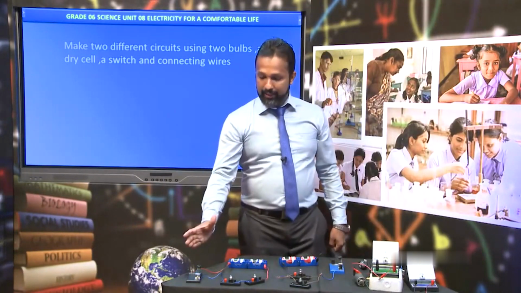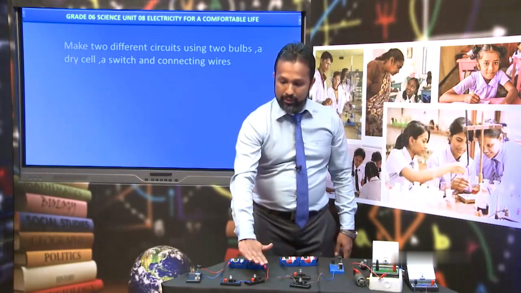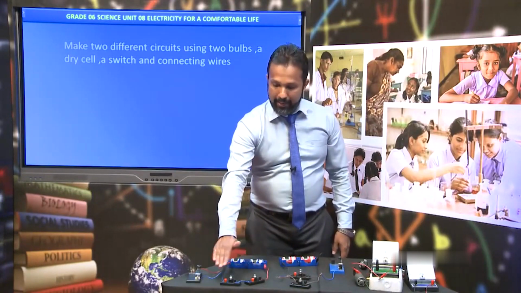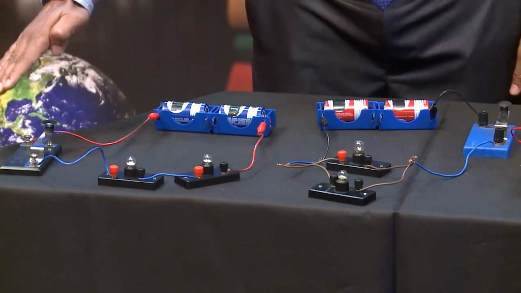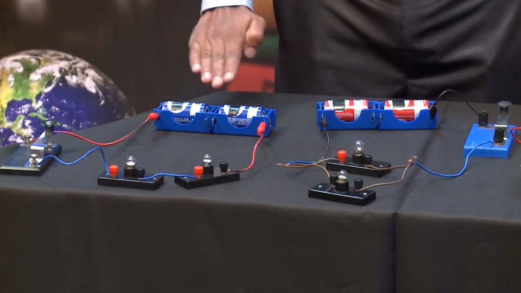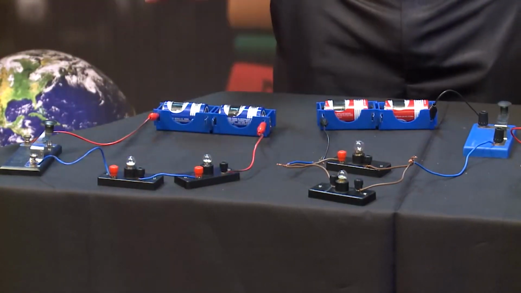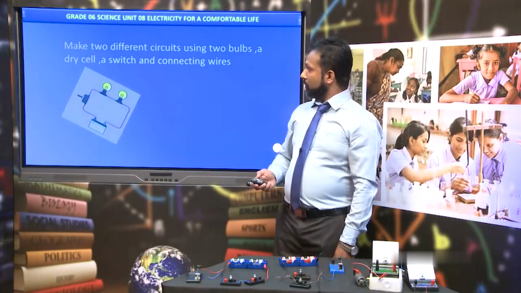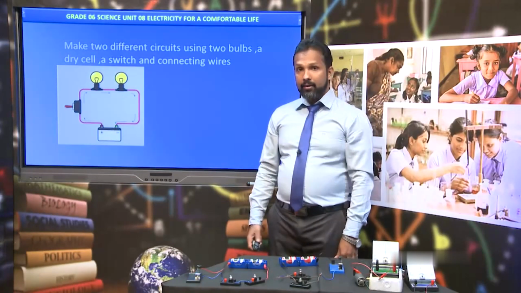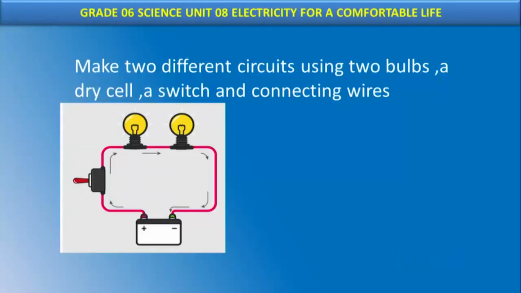In the first circuit, I have used two bulbs in the same line, one bulb after the other, and a switch, connecting wire, battery. This is the first circuit. Now you can watch the picture of the circuit I arranged here. Battery, switch, two bulbs in the same line.